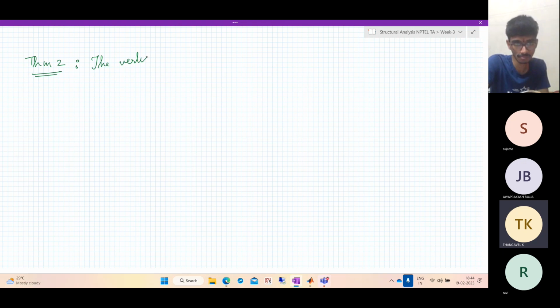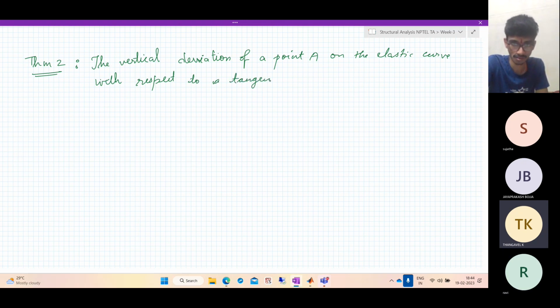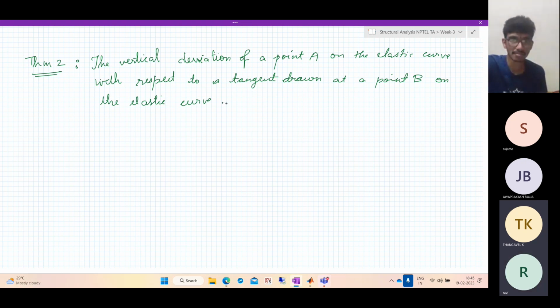The vertical deviation of a point, let us call the point A, on the elastic curve with respect to a tangent drawn at a point B on the elastic curve equals, so what is it?